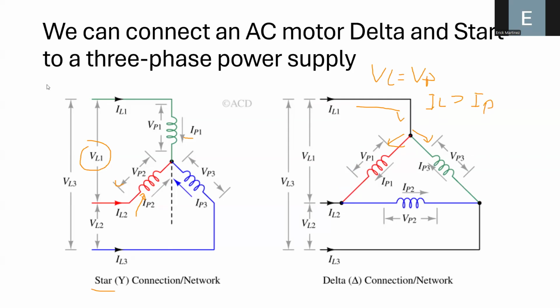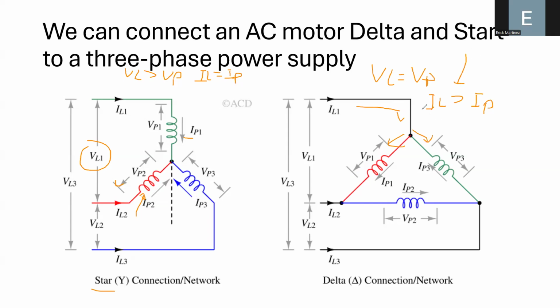That is another difference between this connection and this one. So in the star connection, we say that the line voltage is greater than the phase voltage, and that the line current is equal to the phase current. That is the main difference from an electrical point of view of using one type of connection over the other.